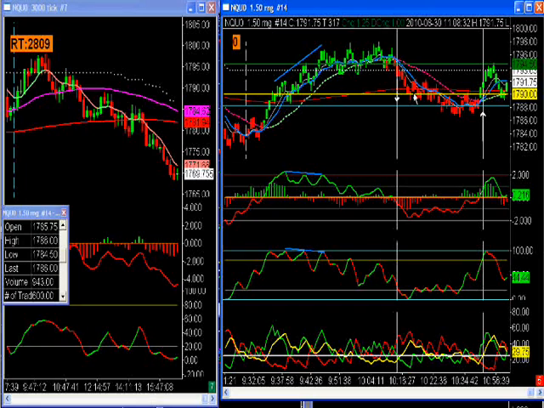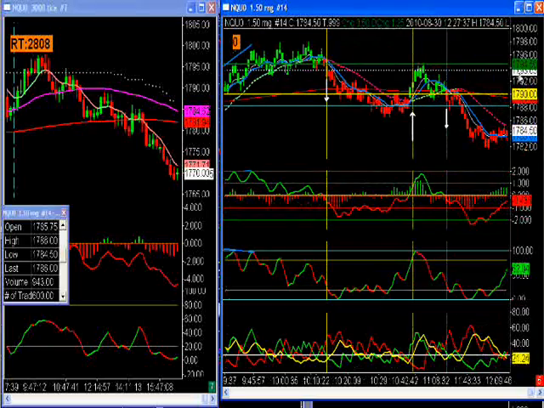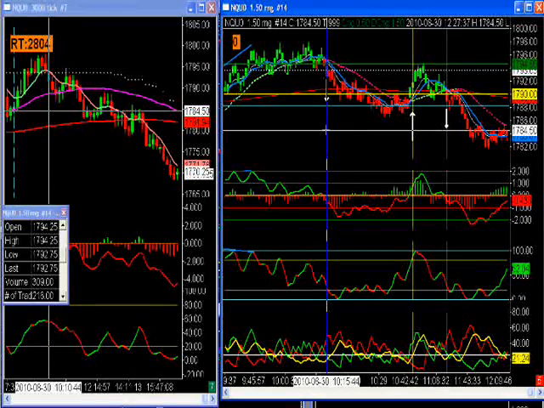If you had a better entry by like a quarter, you were able to hang on through this break of support and got your second target as well. The entry here for a buy, your indicator moving above 0, you get above the moving average over here, and that was at 1047, and this one here was at 1015.